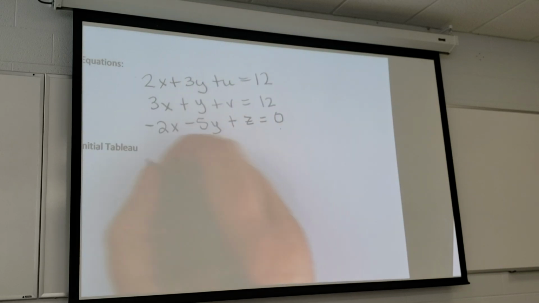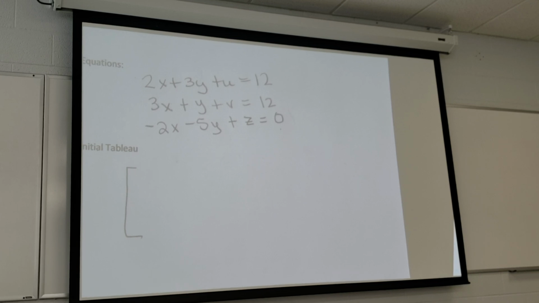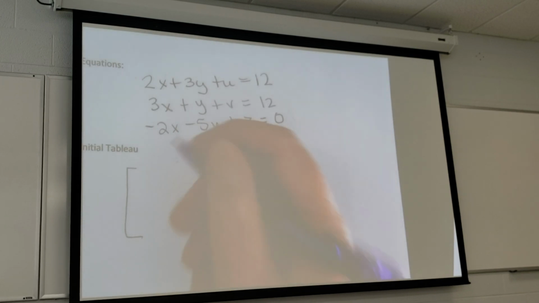So, this is called the initial tableau. Please don't ask me why they use this name. It's your matrix where you have set it up. Now, when you take this test, I give you a matrix, and I tell you which is your X column, which is your Y, which is your U, which is your V, and so on. You don't have to put those on there if you don't want. I just keep everything in order by putting those.